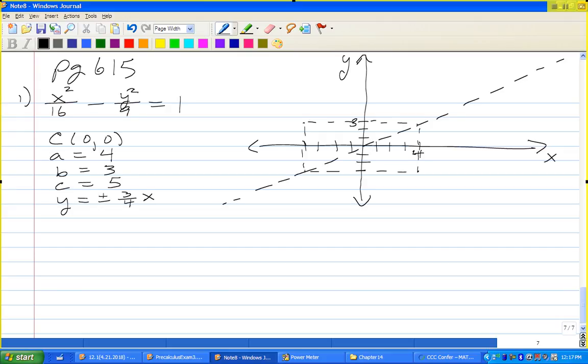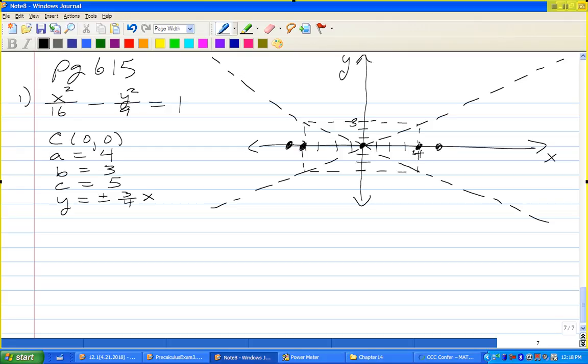So the first thing you draw is your bounding rectangle. And then you draw the diagonals of the bounding rectangle. This gives you the center. Now, the x has a plus in front of it. Therefore, these will give you your vertices. And the foci is at 5.